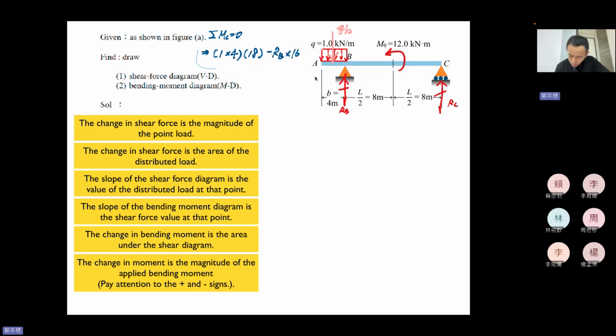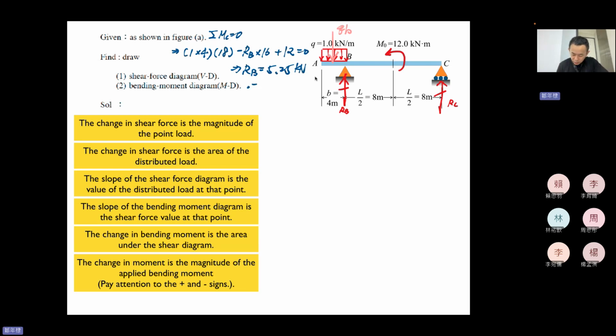Okay. And how about MC? The moment itself is counterclockwise, so it's plus 12, equal to 0. So RB equal to 5.25 kN, okay?